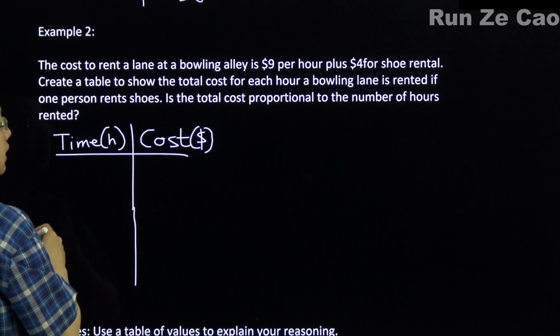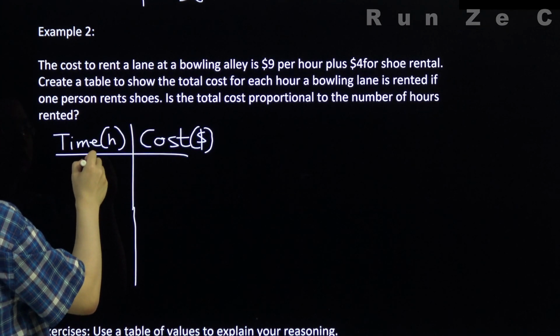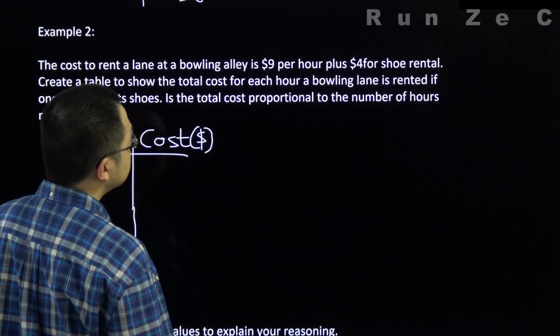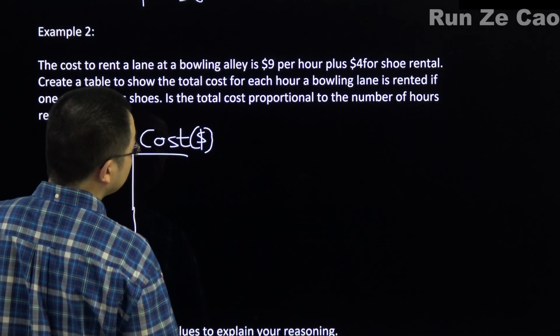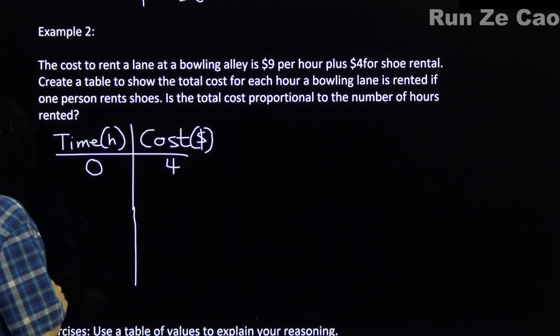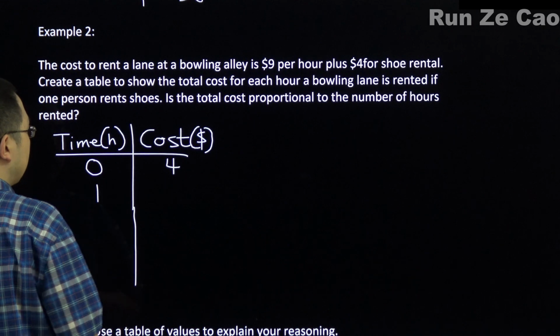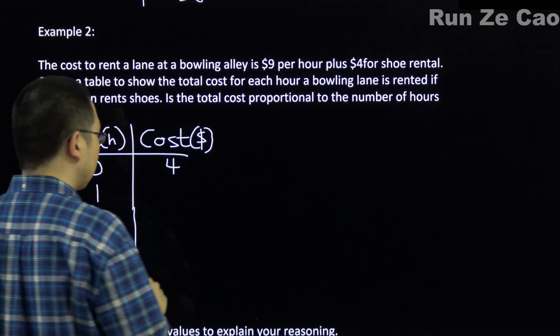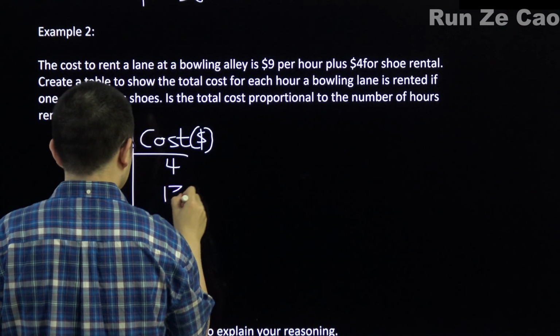So the time in hours, if we have 0 hours, the cost is, well, $4 because you're renting the shoes. And if you have 1 hour, the cost is $4 for shoe rental plus $9 for the hour. So 13.